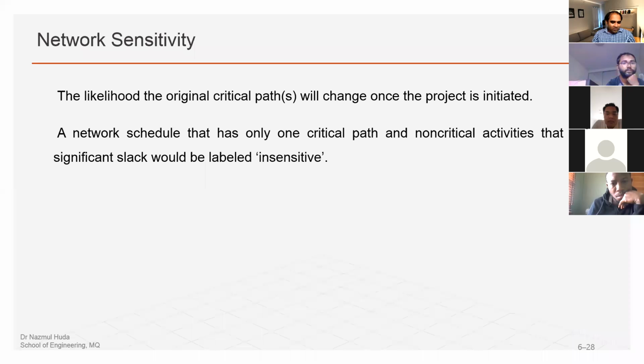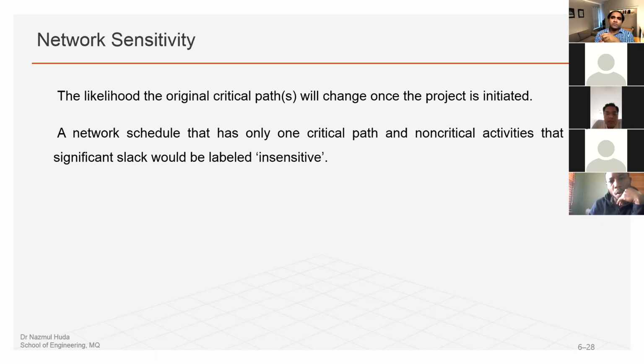Okay, network sensitivity is how sensitive the project network is, or in other words, the likelihood of changing the original critical path if we change the project scope, or if any of the activities is changed. Whether there is any chance of changing the critical path, that is known as the network sensitivity.